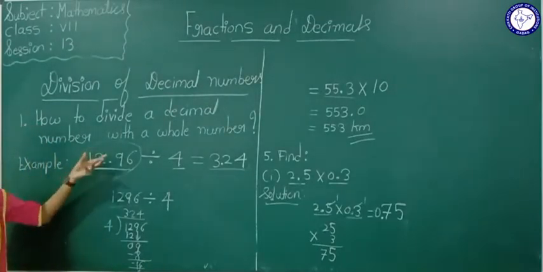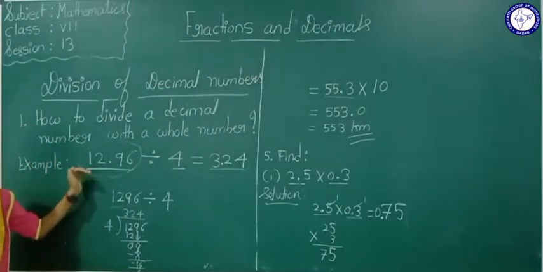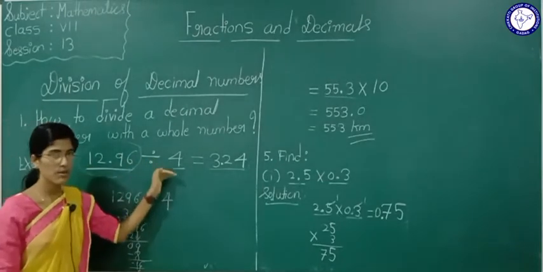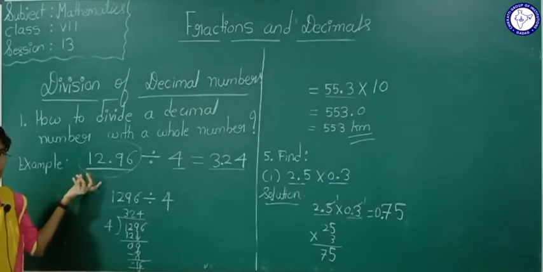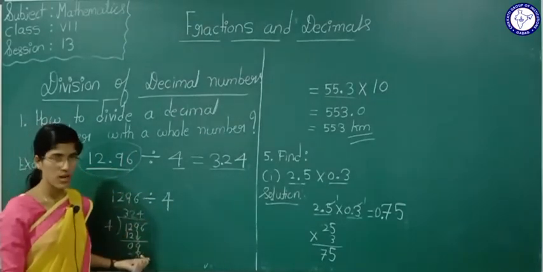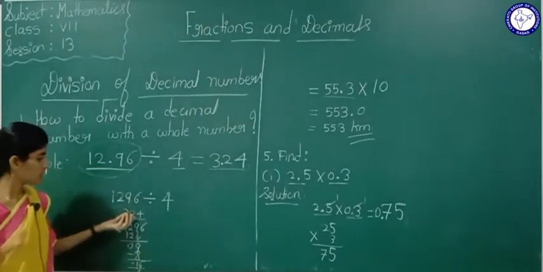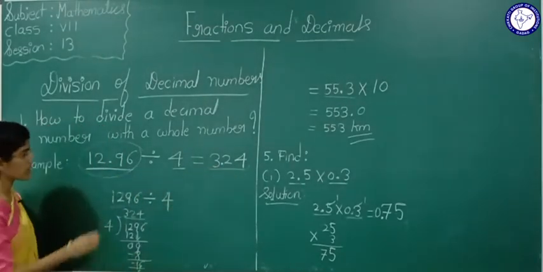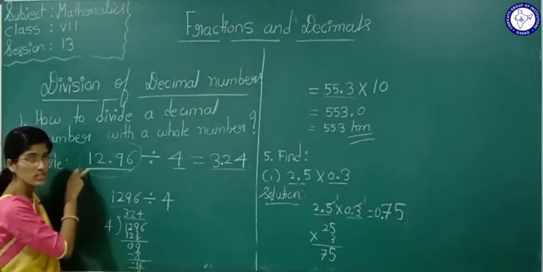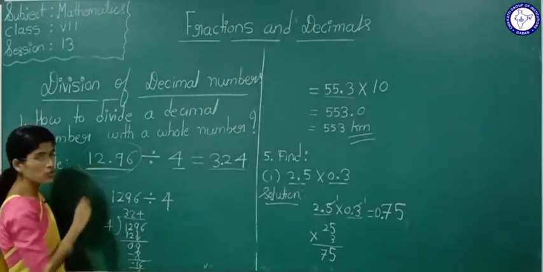Simple. What if they gave you one decimal number divided by one whole number? How to do? Take it as a normal whole number and divide as usual how you used to do. You don't change the position of the decimal point.